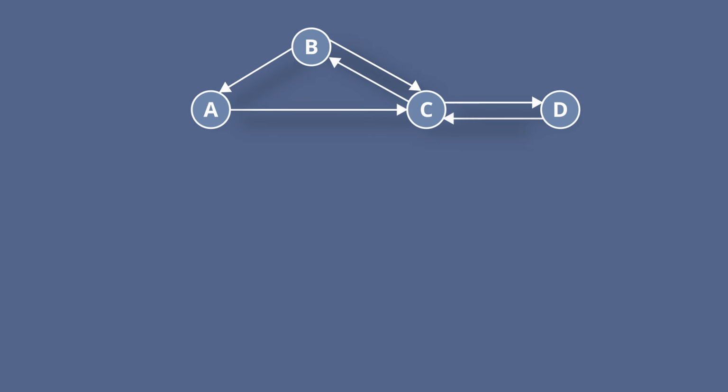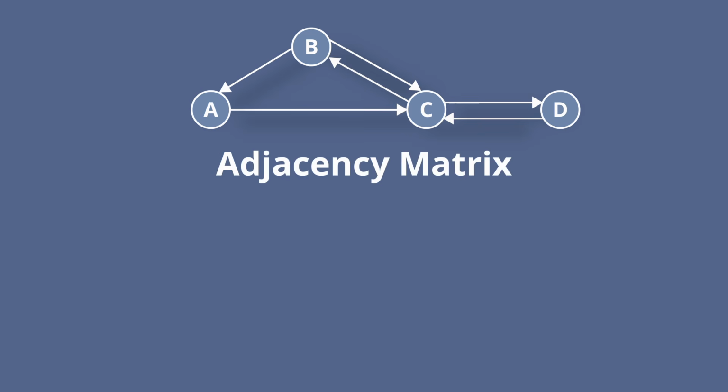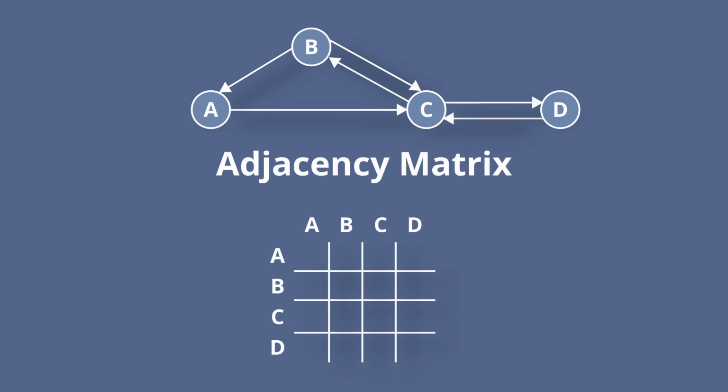Okay, so now you understand graphs, but how do we store them when programming? Well, there are two main approaches, an adjacency matrix or an adjacency list. With an adjacency matrix, we use a two-dimensional matrix and assign a row and column to each node. Then if we have an unweighted graph, we can fill in the matrix with zeros and ones, where zeros indicate no edge between the row node and the column node, and where ones do indicate an edge between the nodes.